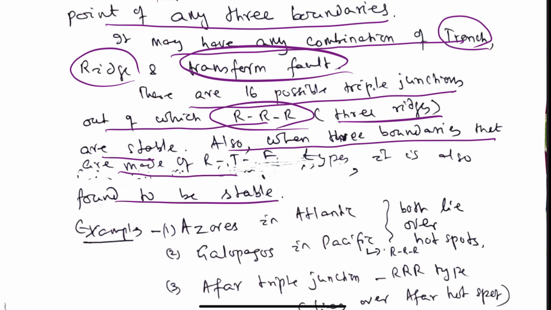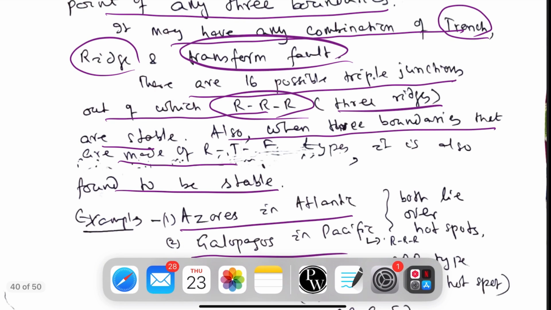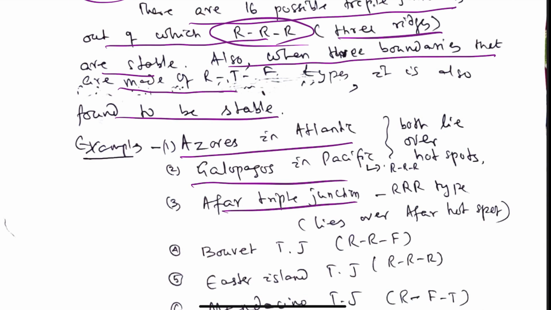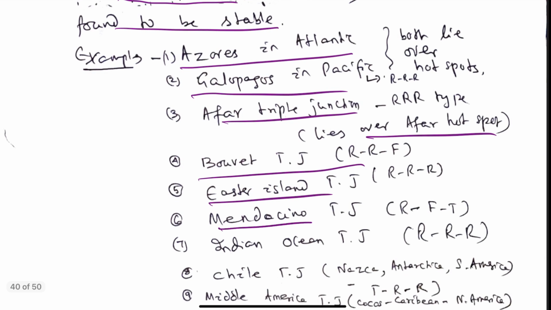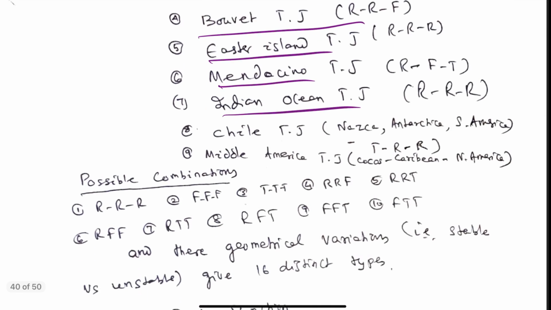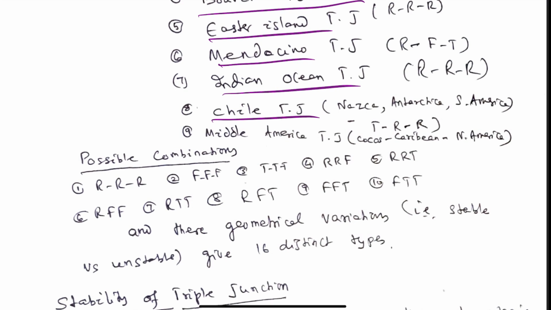Let us see some of the triple junctions. Azores in the Atlantic, Galapagos in the Pacific, the Afar triple junction over the Afar hotspot, Bouvet triple junction, Easter Island triple junction, Mendocino triple junction, Indian Ocean triple junction. Then we have the Chile triple junction and the Middle America triple junction.